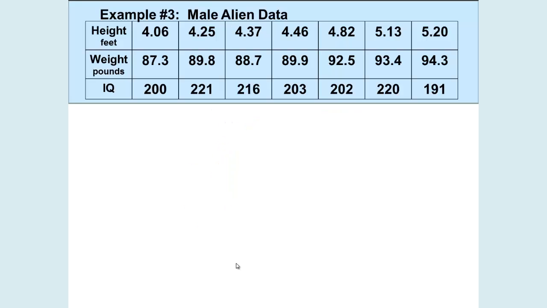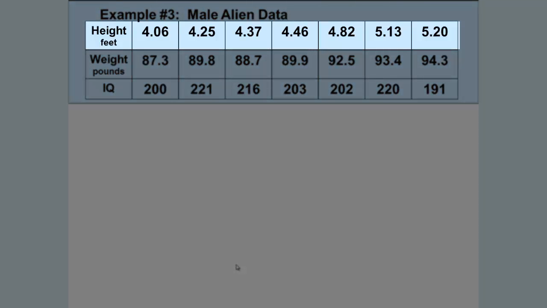And we have some male alien data, and we have added IQ at the bottom of our list as well. So we have height at 4.06, 4.25, 4.37, 4.46, 4.82, 5.13, and 5.20.